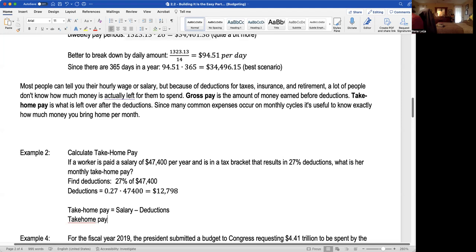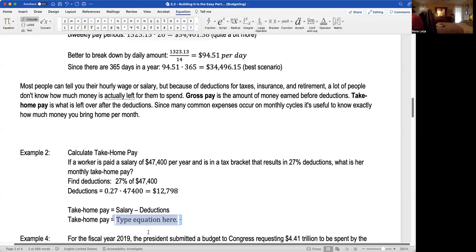Take-home pay. Okay, so all we have to do is plug this in. So the take-home pay is going to be the salary, which is 47,400, minus the deductions, which was 12,798.